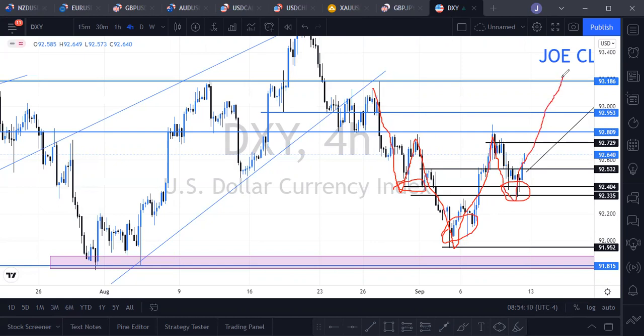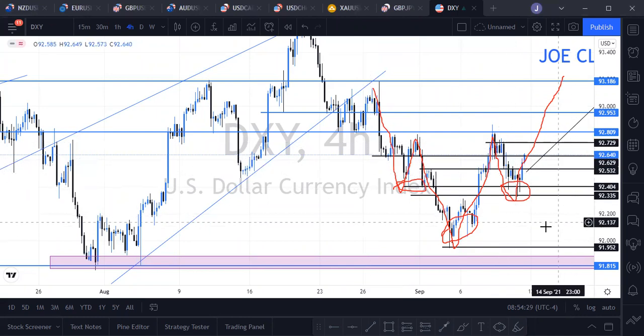Now we are expecting it to start going up. But when price gets to 92,729, we'll be expecting a little pullback to this point. Let me show you guys. We're expecting a little pullback to this point before the continuation.